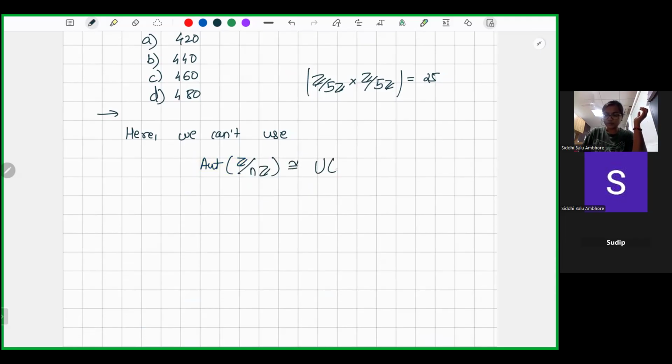We can't use this because this group, if I call it G, is not isomorphic to Z25.